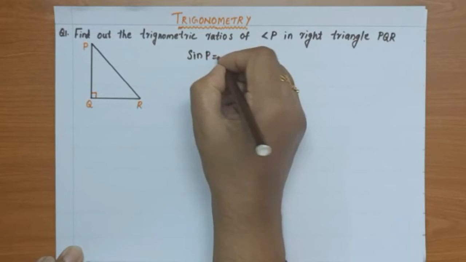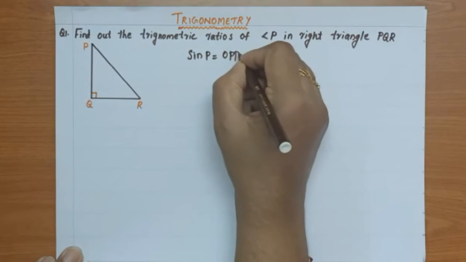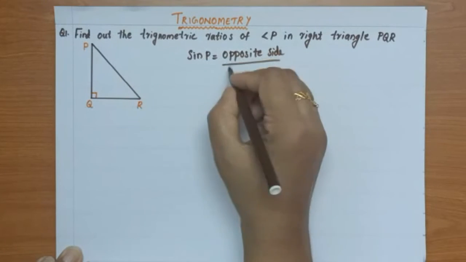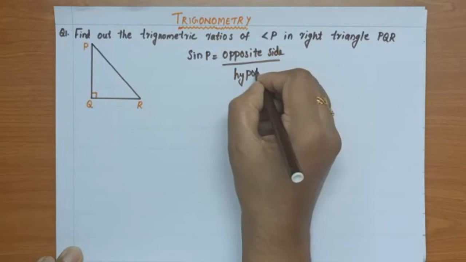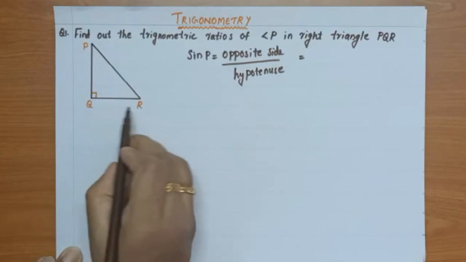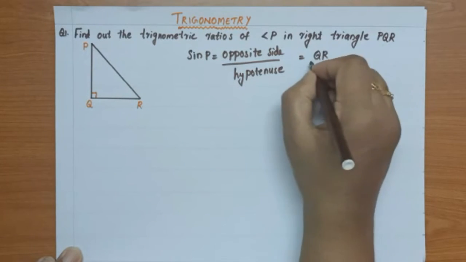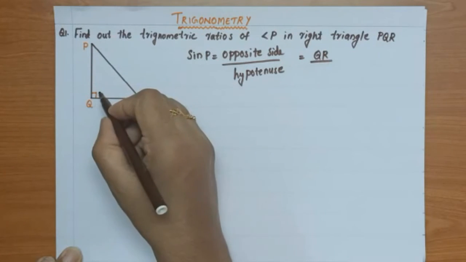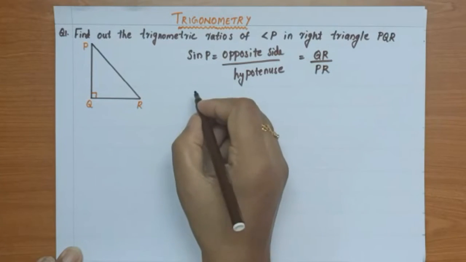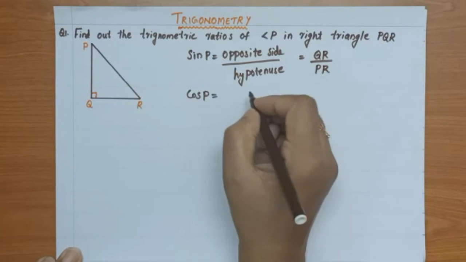Sin P equal to opposite side by hypotenuse. That means side QR is opposite to angle P. So QR by hypotenuse, which is opposite to right angle, that is PR. Then cos P equal to adjacent side by hypotenuse.